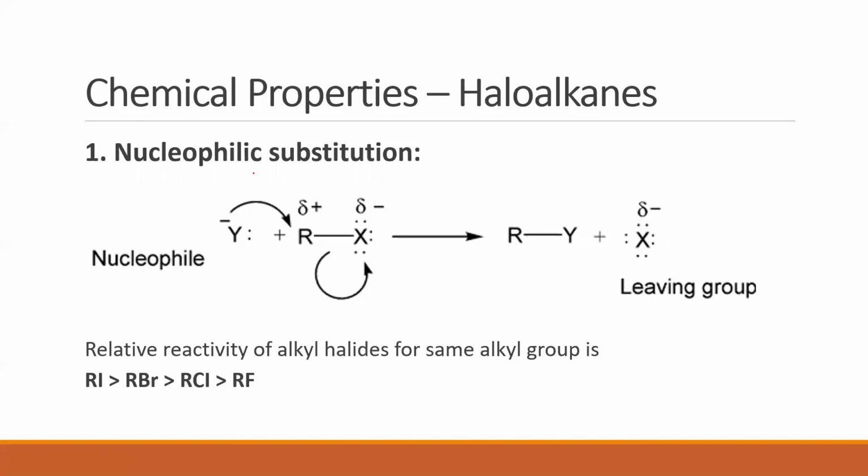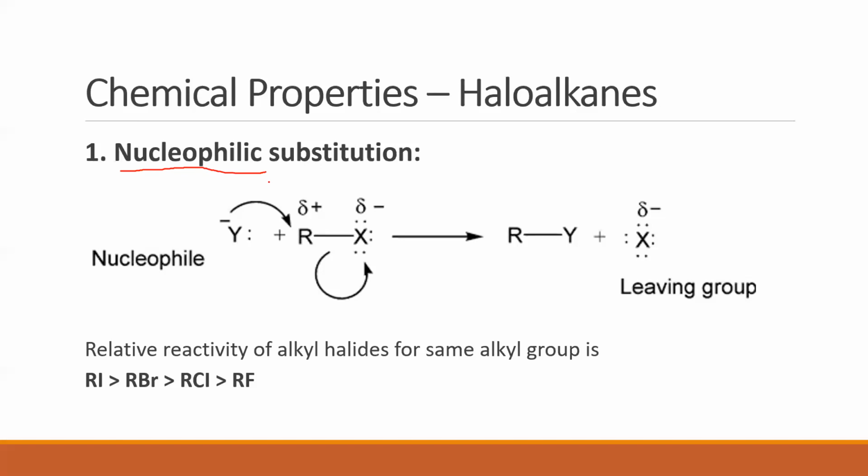Hence, anions are those species which contain a negative charge. They are also called nucleophiles. The word nucleophile can be broken into two parts, nucleo and phile. Phile means to like. Nucleo means it's coming from the nucleus.